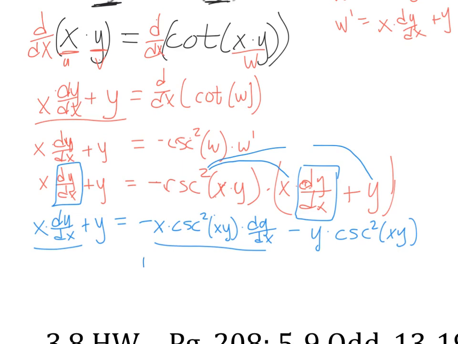I'm going to add x times cosecant squared of xy times dy/dx over here, so plus x times cosecant squared of xy dy/dx. I'm also going to subtract y on both sides.